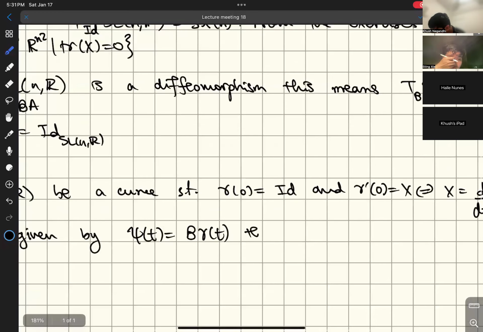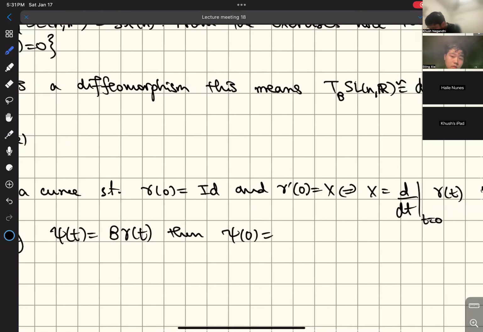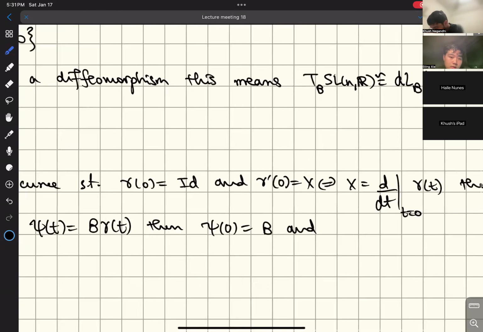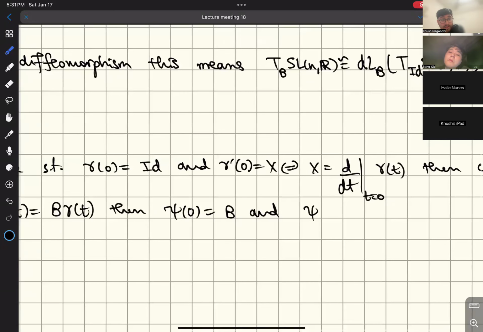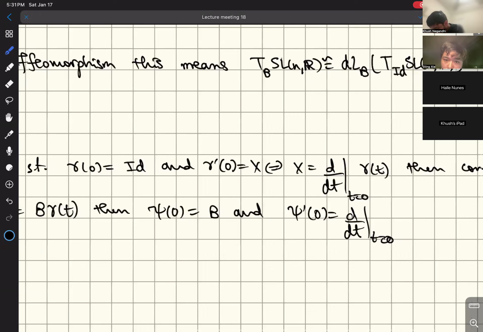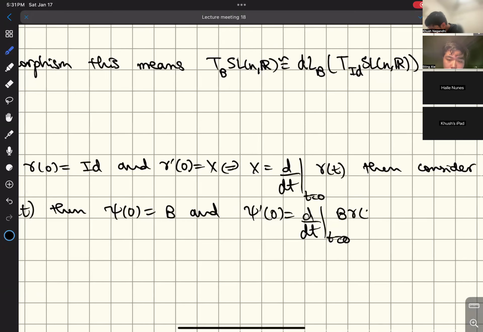Then psi of 0 is equal to B, and psi prime of 0 is equal to d/dt at t equals 0 of B gamma t, which is B gamma prime at 0, and that's just equal to BX.